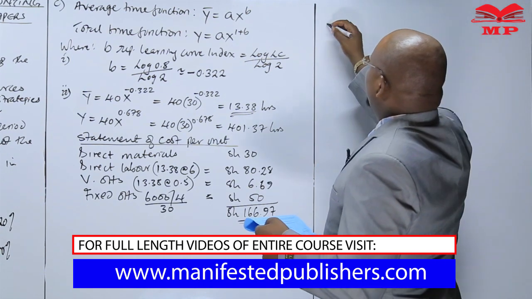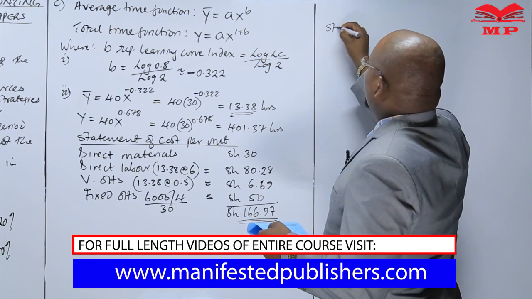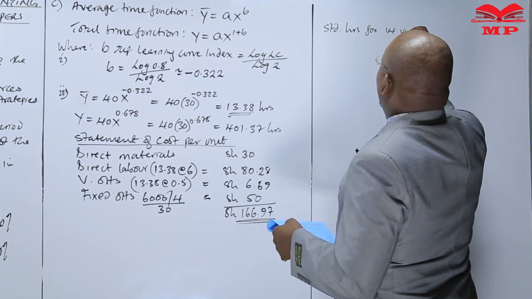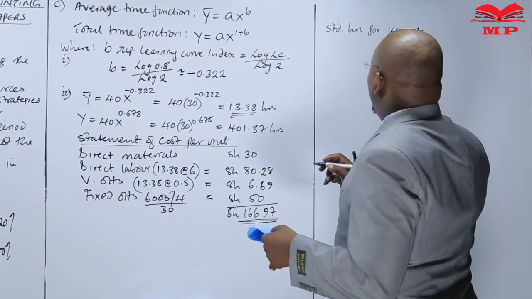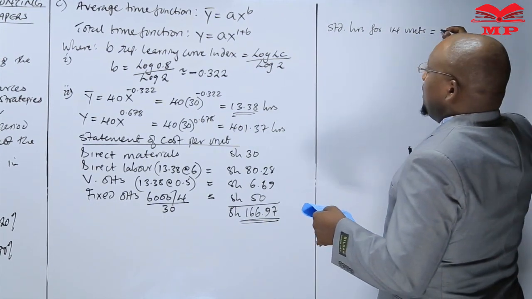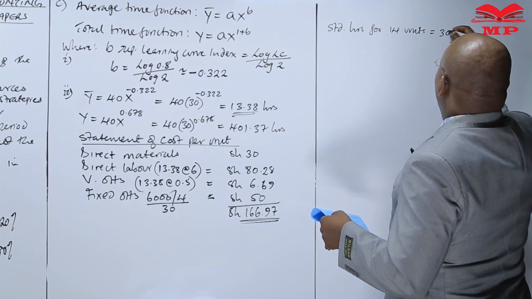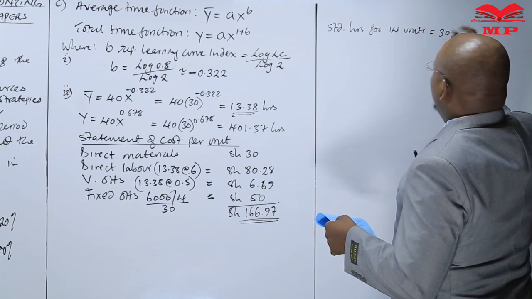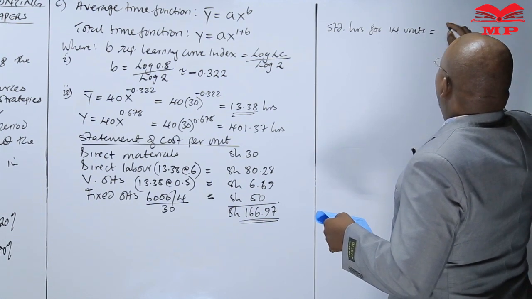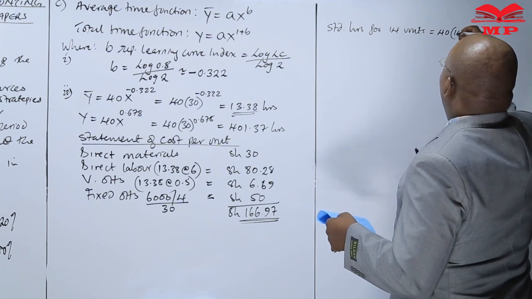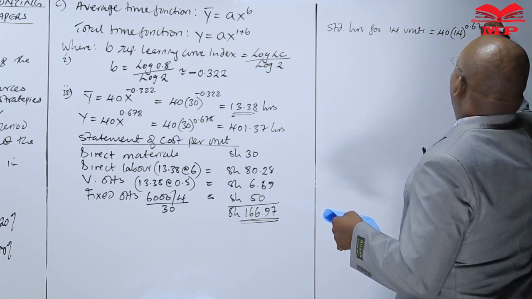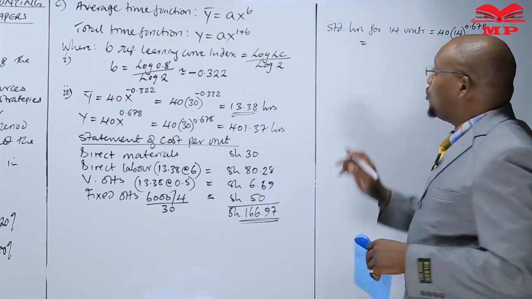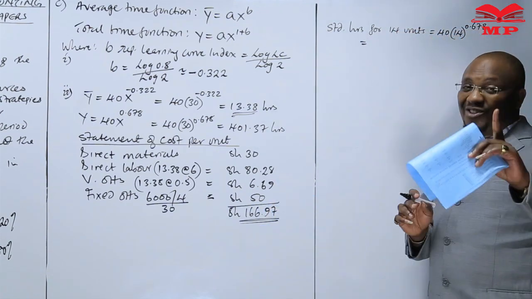But if we talk of standard hours for 14 units, this would be, not 30, but we have 40 in bracket 14 to the power 0.678. These are the standard hours.